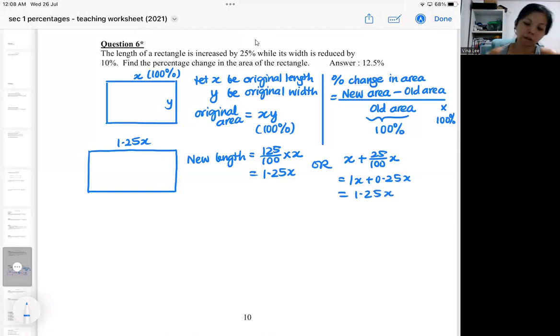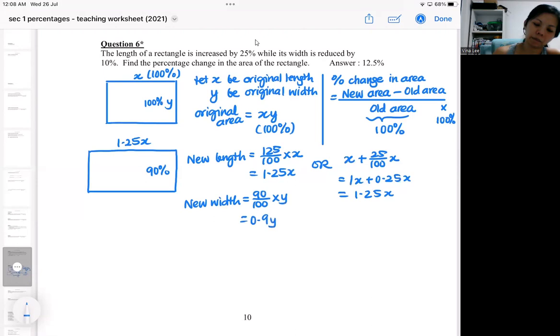Then I have to find the new width as well, because the width is reduced by 10%. Originally this was 100%, so now it will become 90%. The new width will be 90% of the original width, so I will get 0.9y.